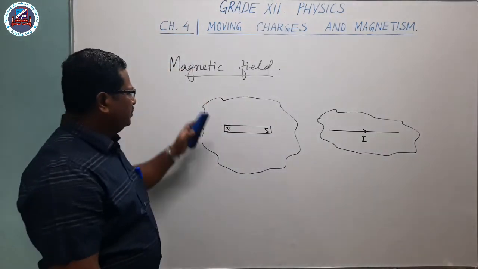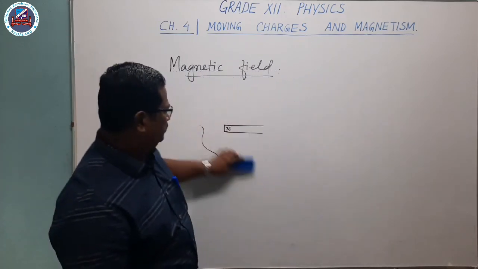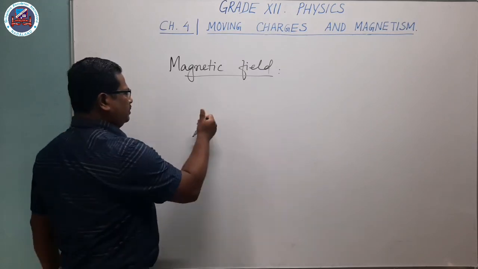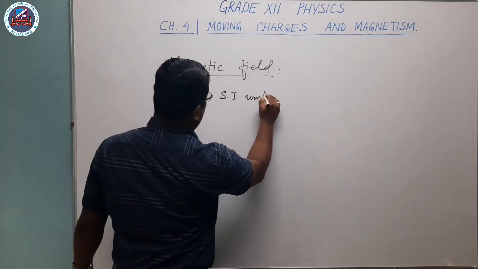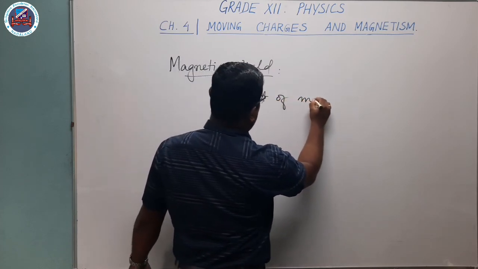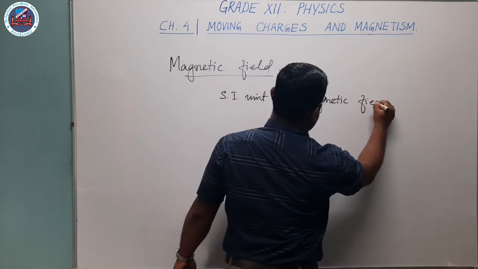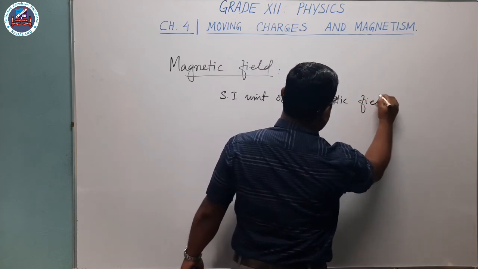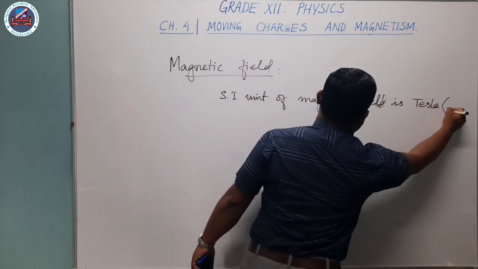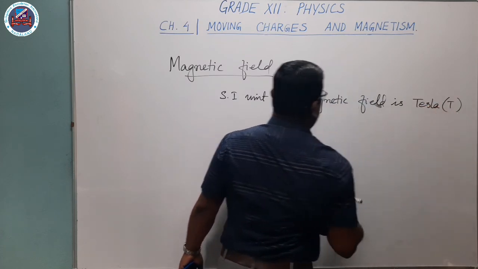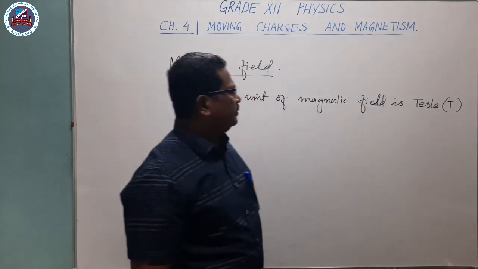It can be a magnet or it can be a conductor carrying current. The SI unit of magnetic field is Tesla. We write it as T. It's the name of a person who made the Tesla coil.